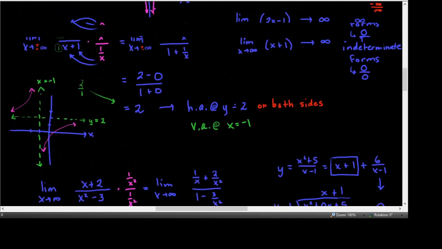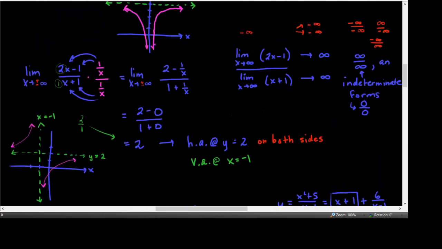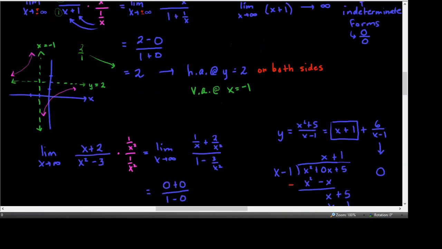And in the first example we did, where the powers of x were the same, the 2x minus 1 and the x plus 1, they're both getting big with about the same amount of influence, and so the only difference is the coefficient of x in each case, which becomes the most influential factor, because otherwise the x's are about the same idea. And so the only difference is you're doubling big on the top versus just having big on the bottom. So it's twice as big, and it ends up being 2 in that case. Okay.